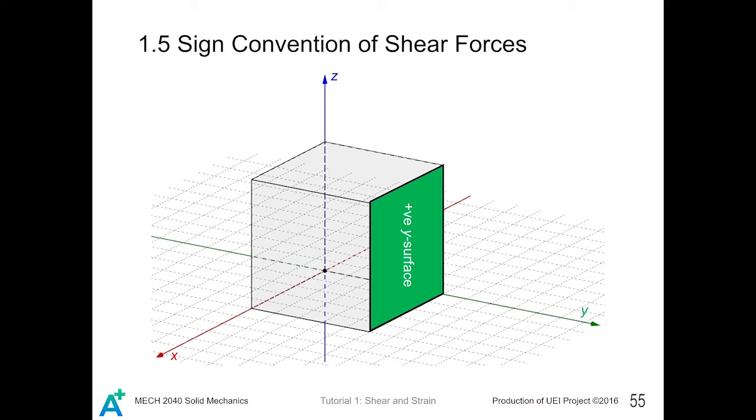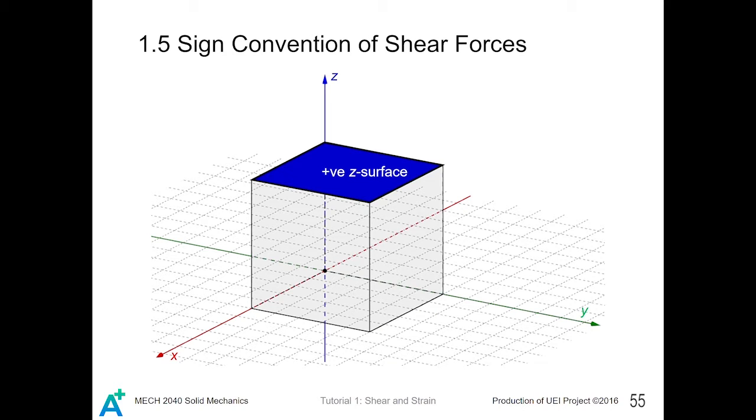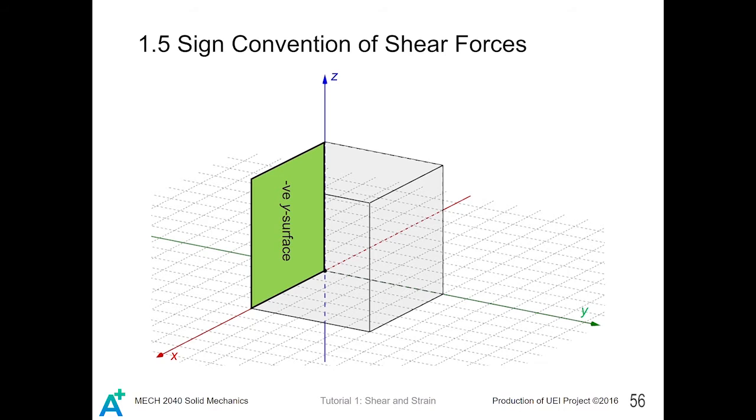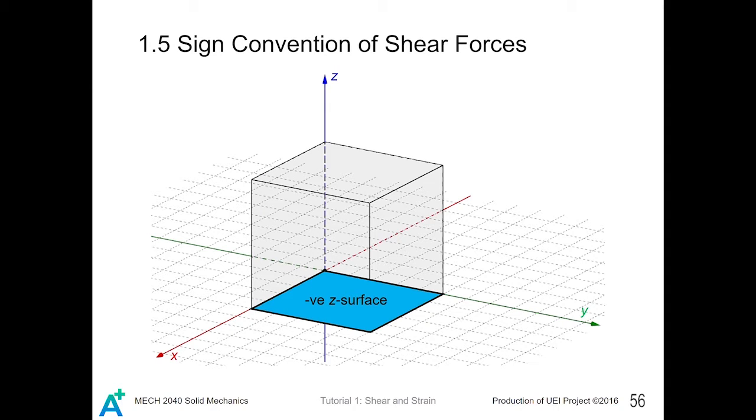The surface here is the positive z surface because the positive z-axis is its outward normal. Similarly, this surface, which is not facing us, is the negative x surface because the negative x-axis is its outward normal. For the negative y surface, the negative y direction is its outward normal. Similarly, for the negative z surface, the negative z direction is its outward normal.